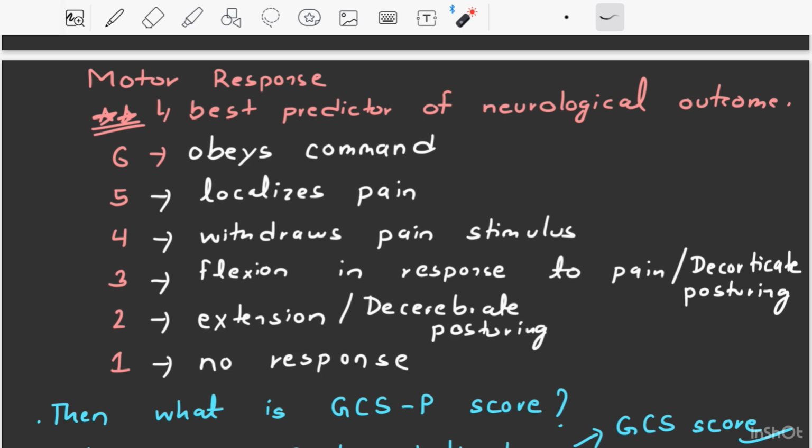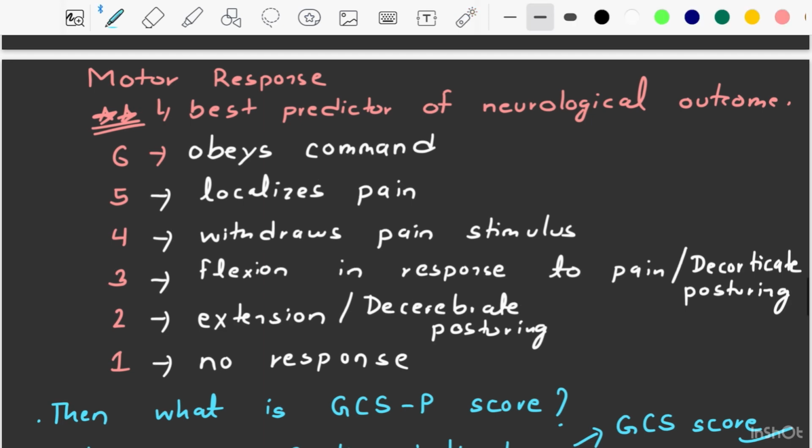Now I must tell you about the two positions, the decorticate position and the decerebrate position. Decorticate position refers to flexion of arms plus extension of legs.